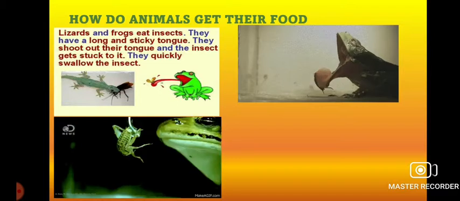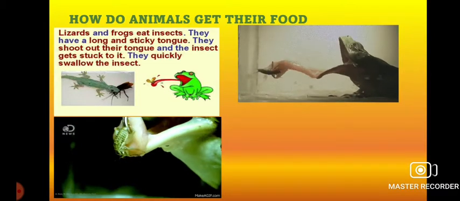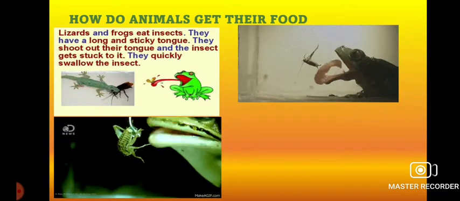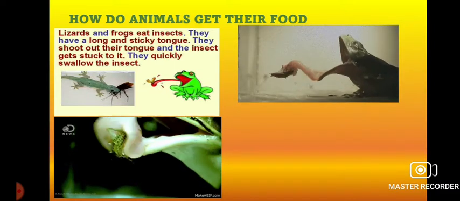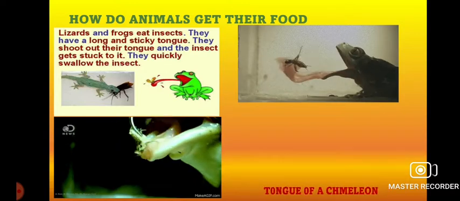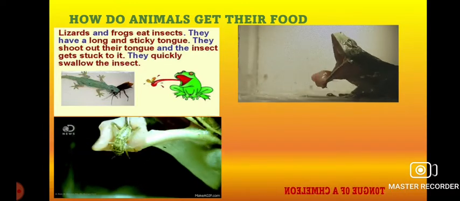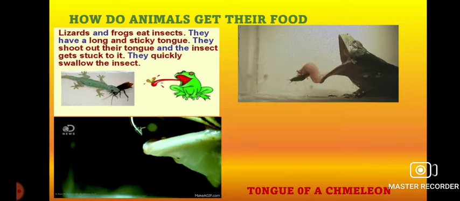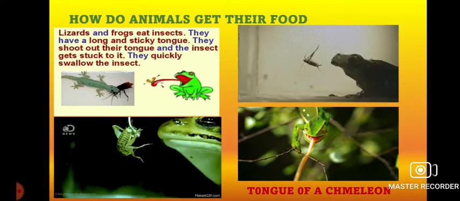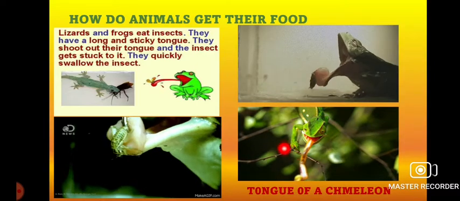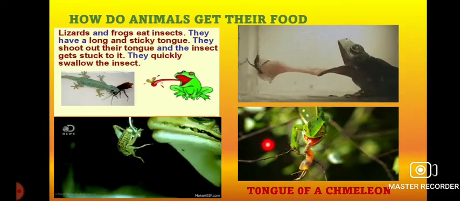And at the same time, lizards also have a sticky tongue, due to which they can pull back the insect. Here I can show you another sticky tongue of a lizard, that is the chameleon, you know it better.